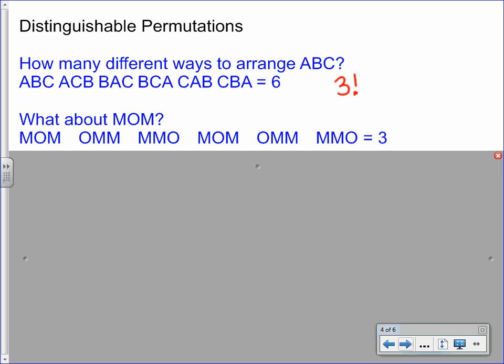Because they repeat, since I have a letter that repeats. Okay. So how do you think we come up with 3? Because then, they're twice, and you can't tell the difference between one and the other.